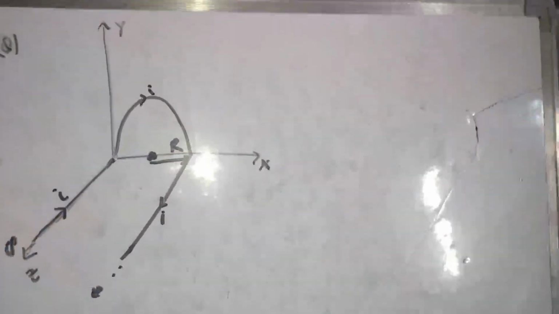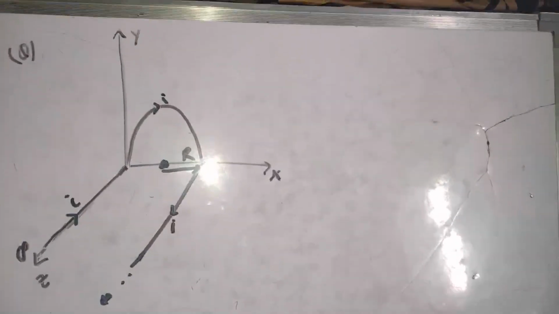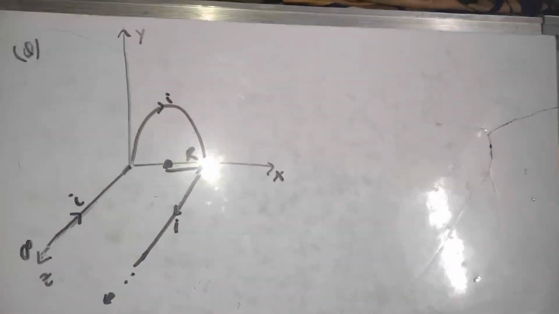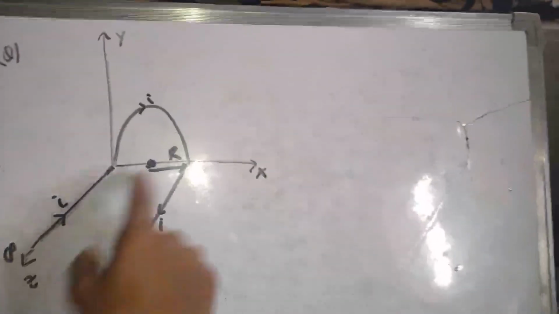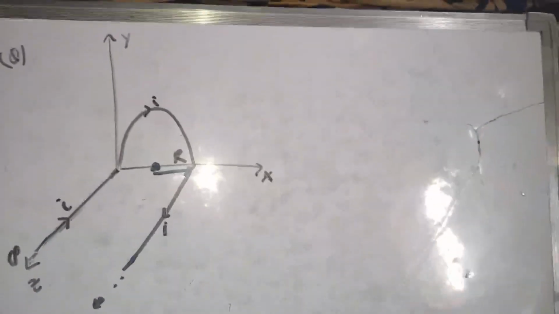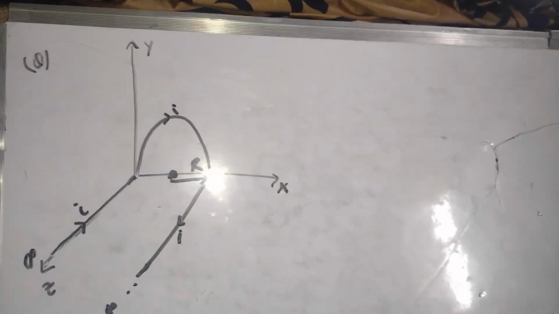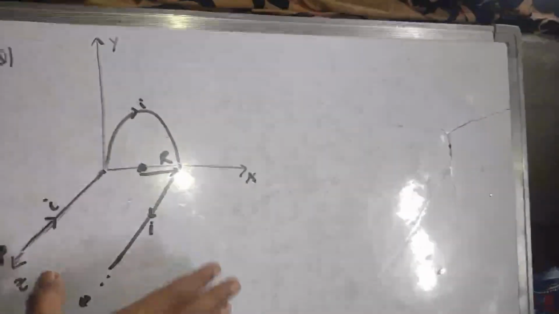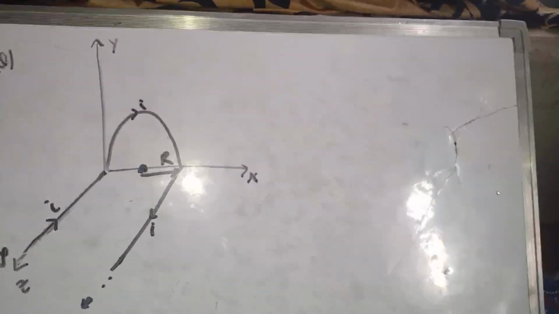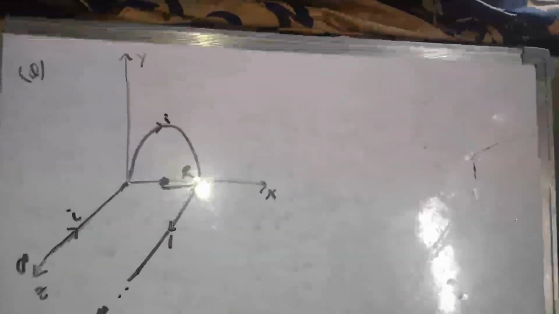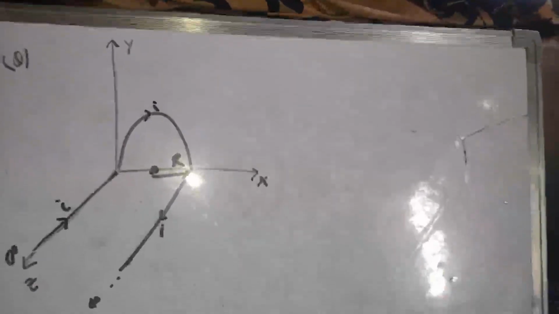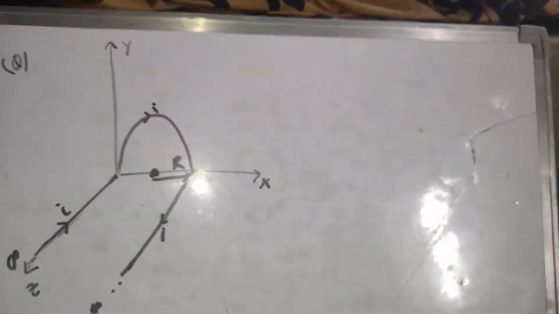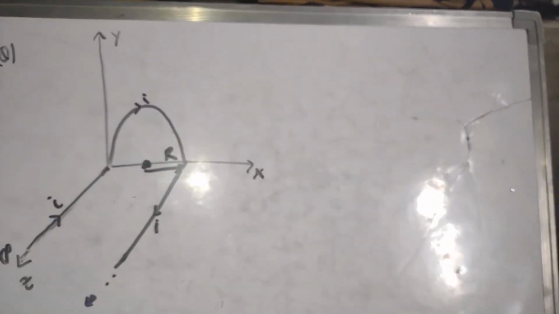Direction because of this will be inside the plane, okay, and direction because of these two will be in the same direction, and that will be in j cap, okay. Yes, that will be in j cap. And the direction because of this semicircular arc would be in k cap, actually in, yes.